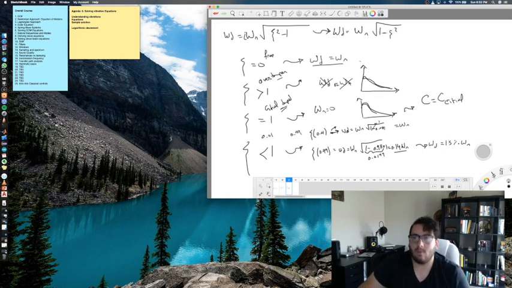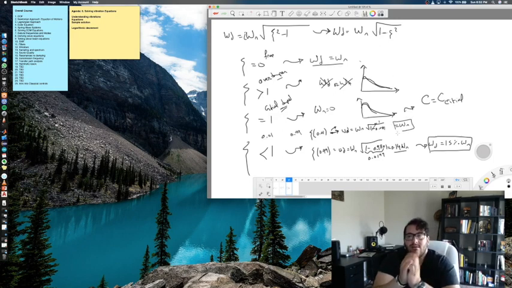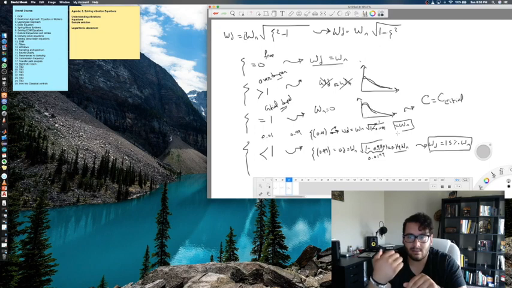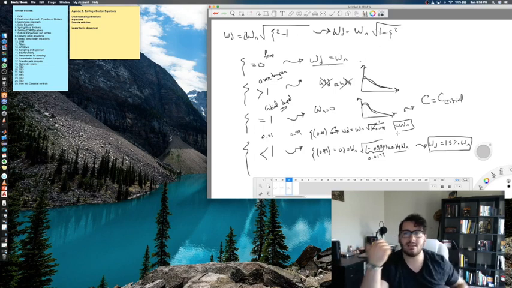Now, why is this important? Why am I talking about this? Because I want to talk about the effect of damping. Damping does not have a huge effect on your system. Yes, it has some effect, but not a huge one. So for the most part, you can assume omega n and then see maybe up to 10% of change.